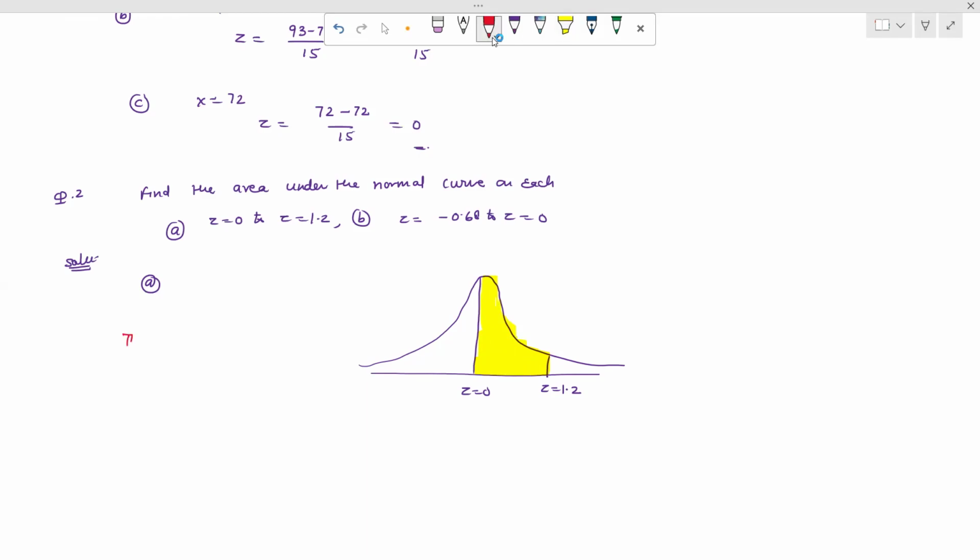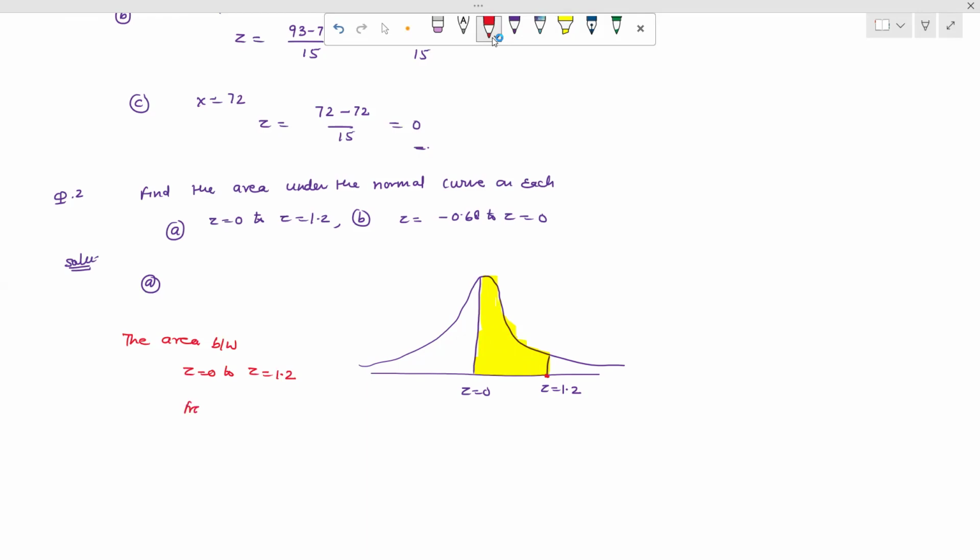So the area between Z is equal to 0 to Z is equal to 1.2, we can directly check the table at Z is equal to 1.2. So what is the area from the table?